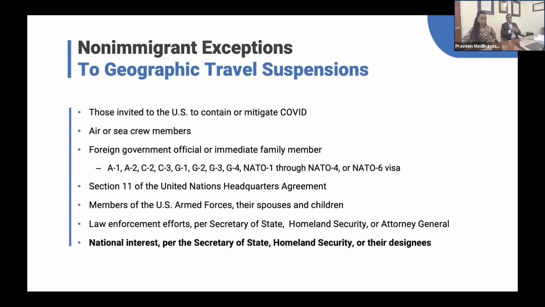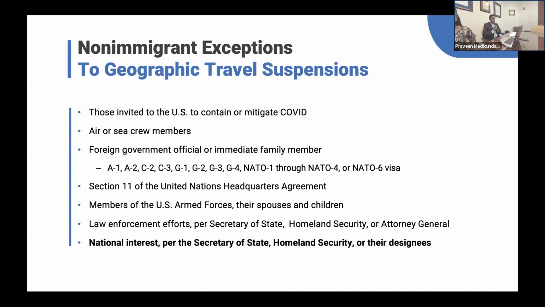And of course, because they are on government mission, and to have uninterrupted communications and coordination with various governments, they fall under that exception. Then, of course, members of the US armed forces, their spouses and children are allowed if they're coming back from a posting.